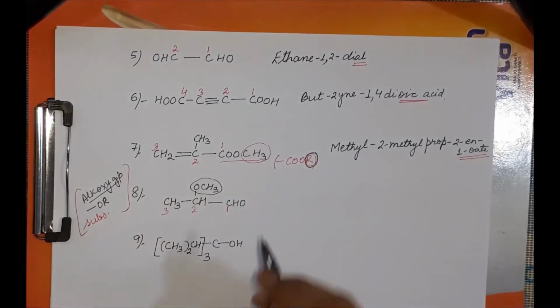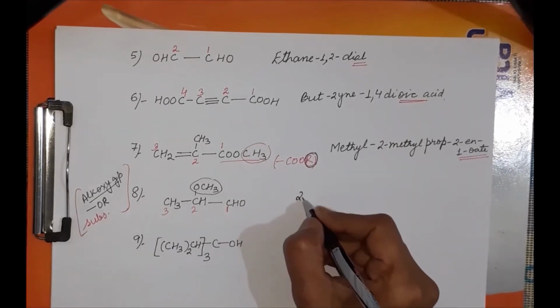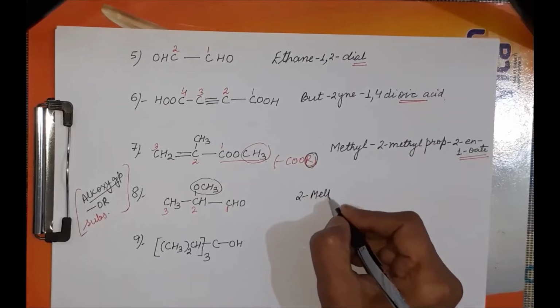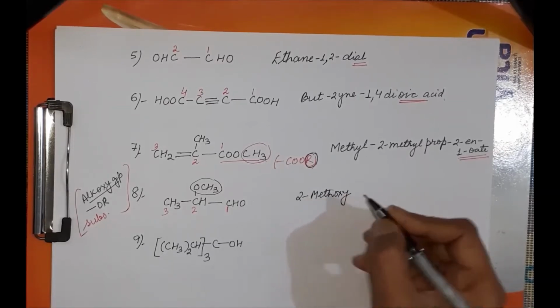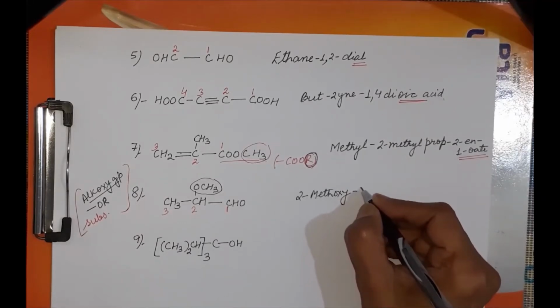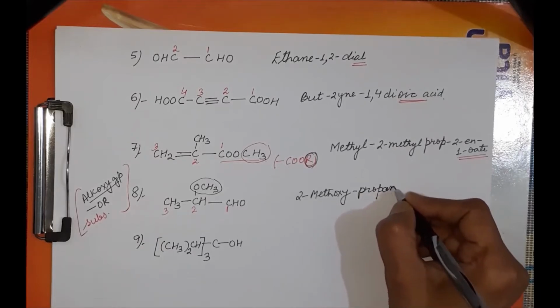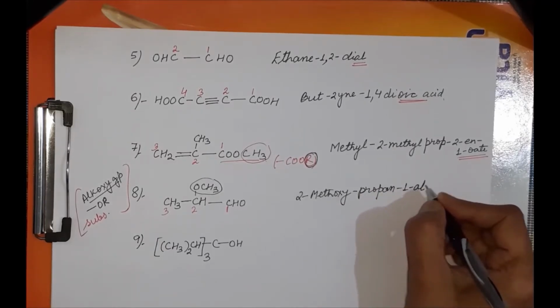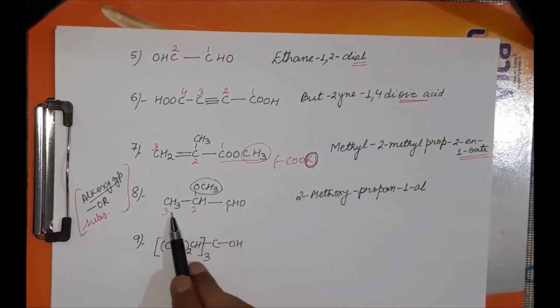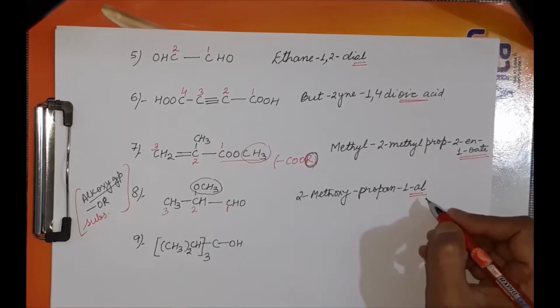In this case, the functional group is the aldehyde group. So the name will be 2-methoxy, with a 3 carbon atom parent chain, so 2-methoxypropan-1-al. The al is used for the aldehyde group. So this will be the name.